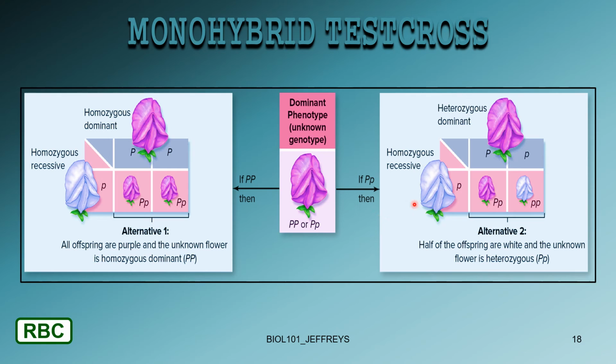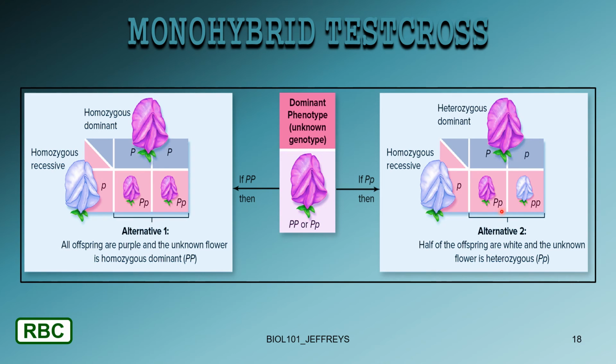Versus if you cross the two, you don't know what the genotype here is, you just know it's purple. You cross it with a recessive, little p. If you end up with some purple and some white, then you know that the genotype of this one up here is big P, little p.